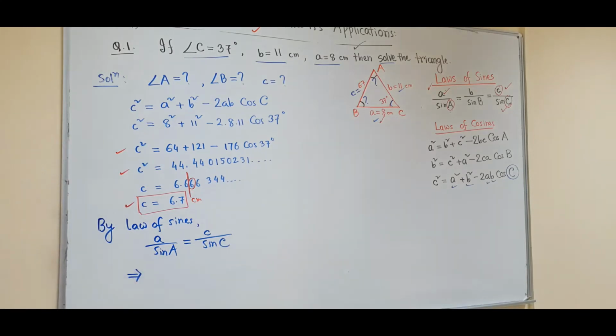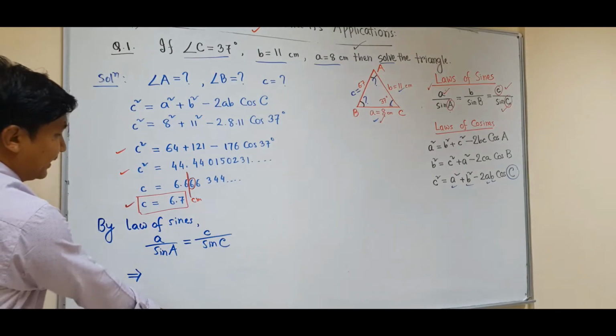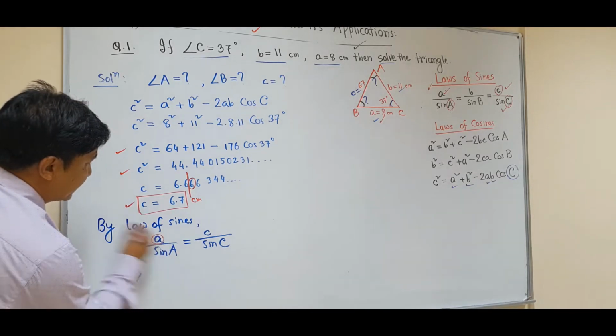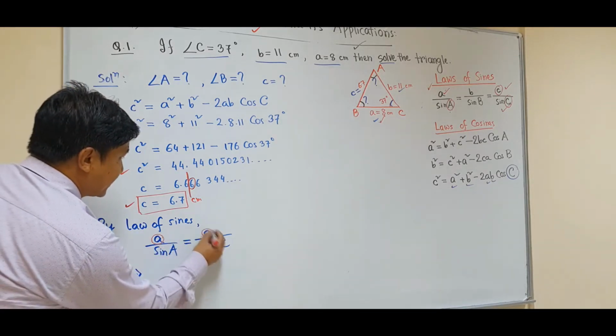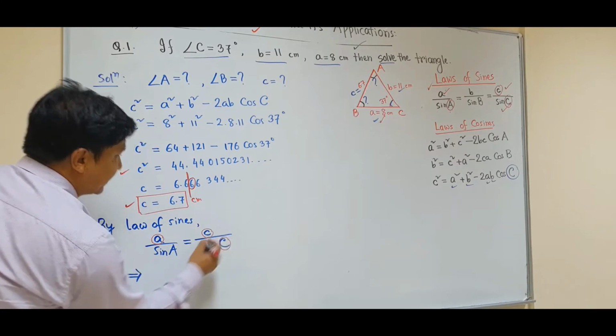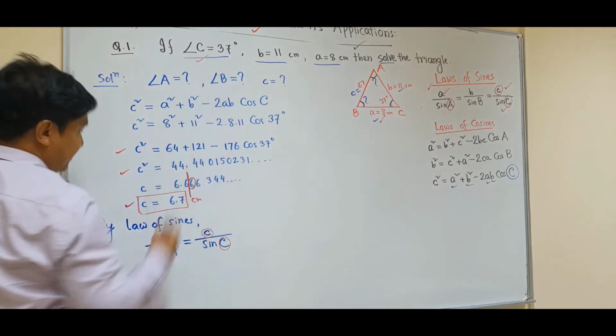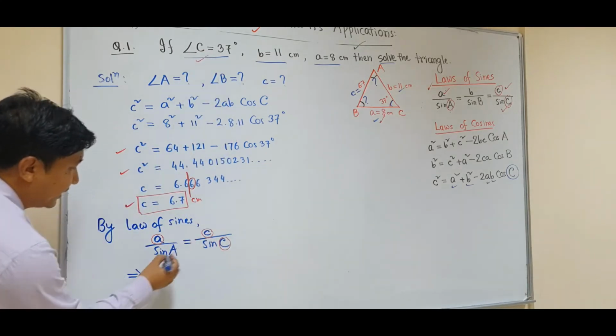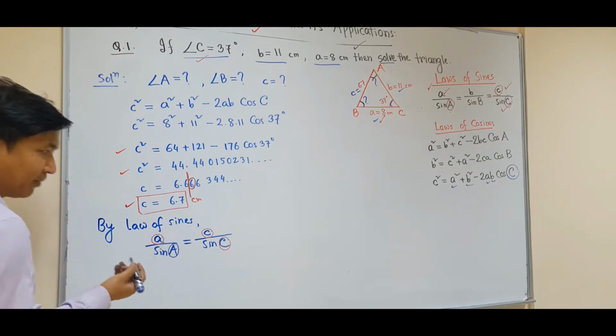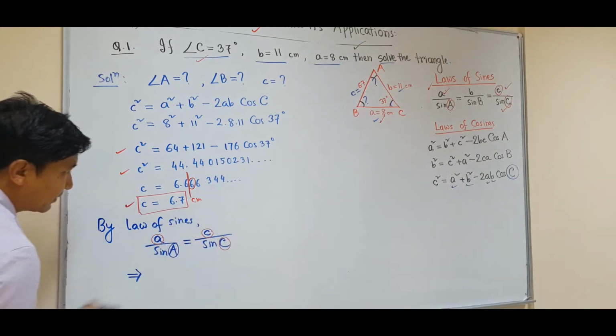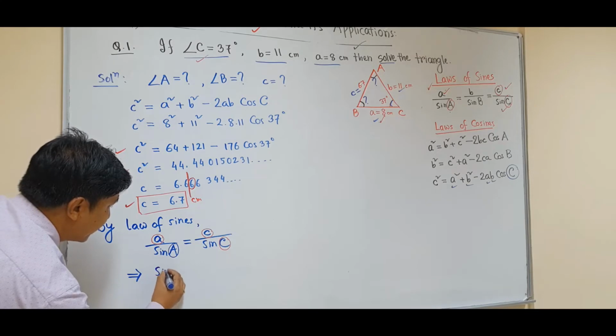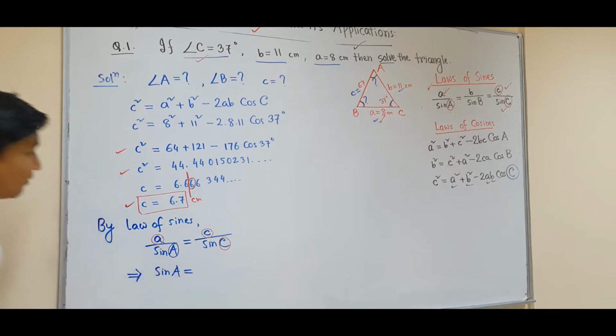Why we have used here? Because we know that A is given value, C is just now we got, and angle C also we know, that is angle C. So from this three we want to find out A is how much. So what we will do, we will cross multiply and we will write in this way. Sine A is equal to how much?